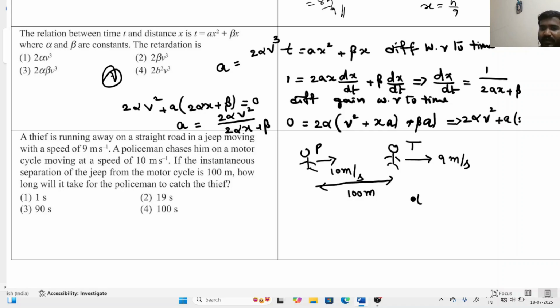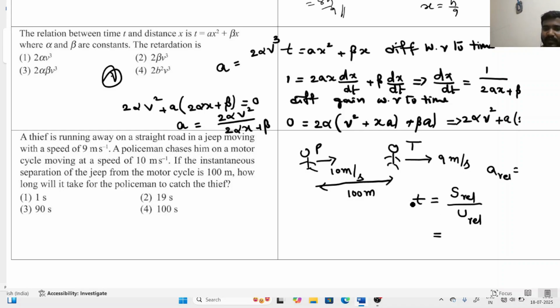Time t is the relative separation between them divided by the relative initial velocity, because the relative acceleration is zero. That's why the bodies are moving under constant velocity.